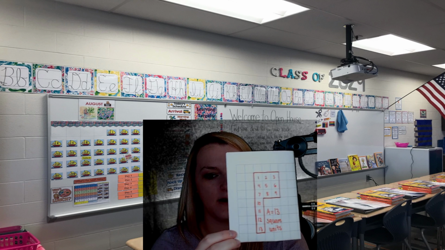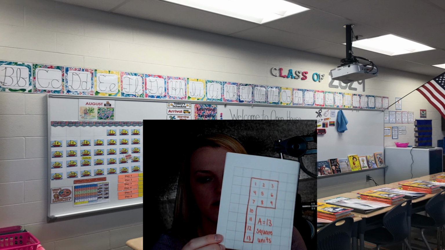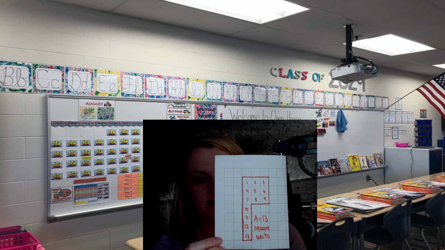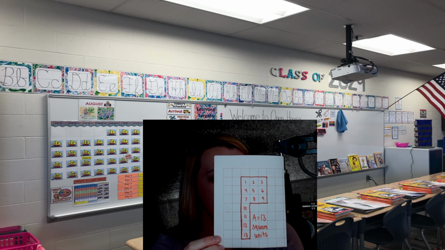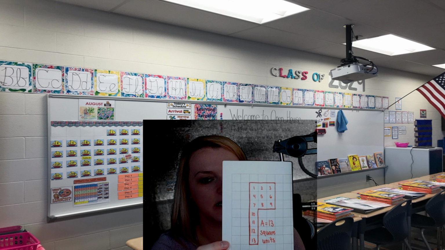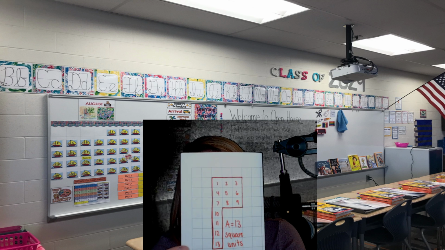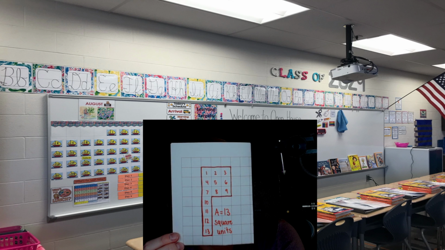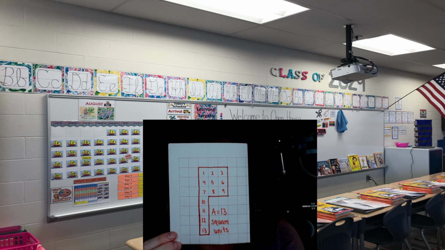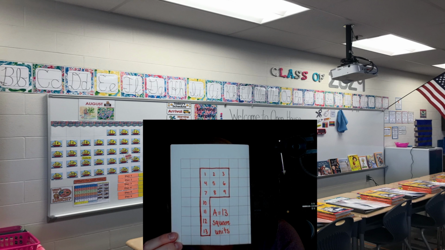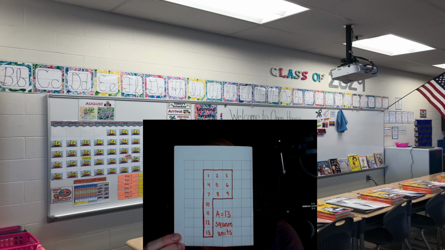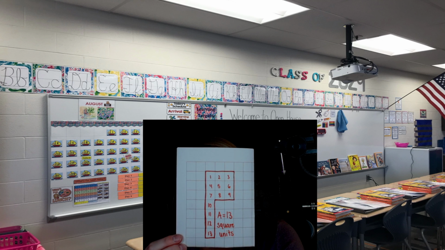And I wrote the number as I counted, so it would be easier for you to see. You'll see I counted, and I got 13 square units here. I just counted the squares, and there were 13 of them. So the area of this shape is 13 square units.